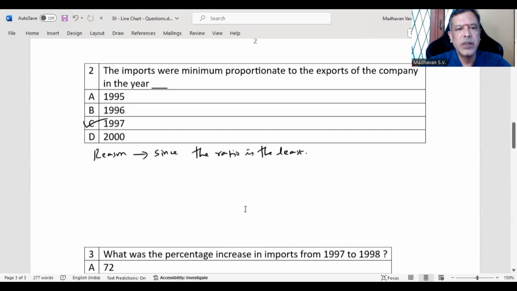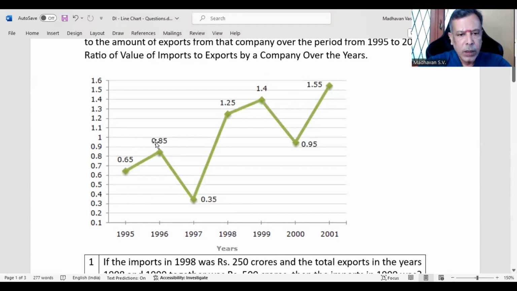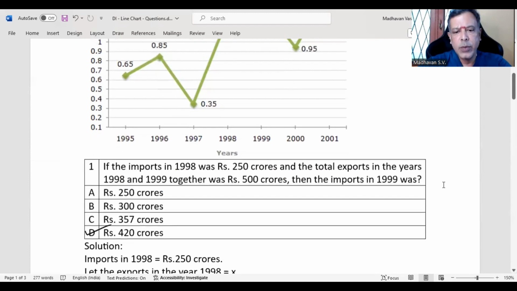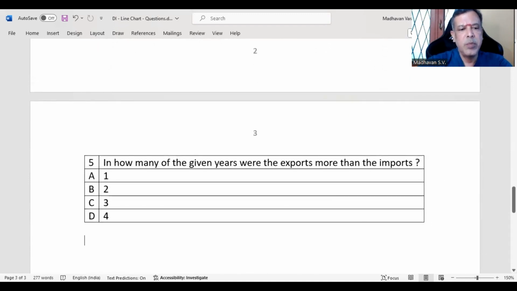Let us see how many years there are. 1995 it is less than 1, 1996 it is less than 1, 1997 it is less than 1, and 2000 it is less than 1. So our answer will be 4 years, which means our option is D. So that is the solution for this particular question.